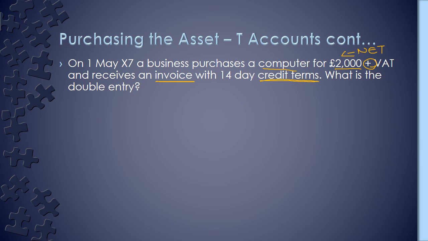So again, what's the double entry? First of all, we know we're going to have our computer account. That hasn't changed from the previous question. But what are our other accounts? Well, we've still got VAT included in this question, so we know we're going to have a VAT account. And then what's our other account going to be? Well, if you were putting this through from the very start, you're going to have your day book.